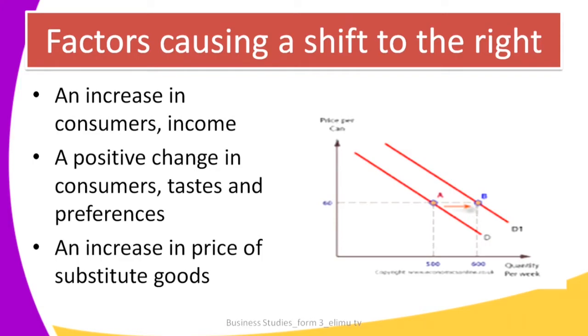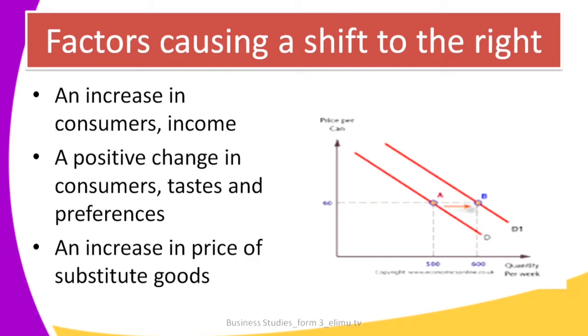So these are two goods that are competing, in that they are substitute goods. So an increase in the price of a substitute good means that other good will not be demanded. If that other good increases its price, its demand goes down, and for the one that has not increased its price, demand increases. And therefore the demand curve shifts to the right.